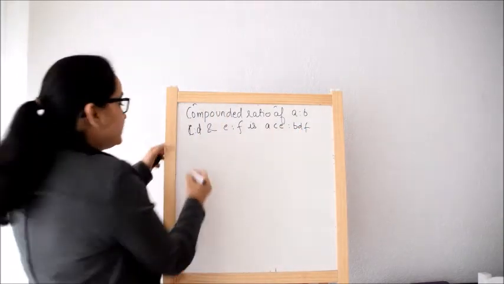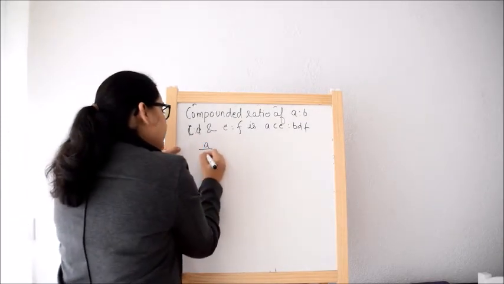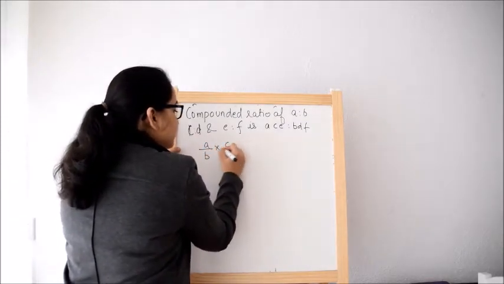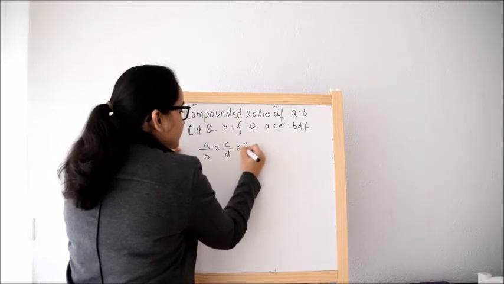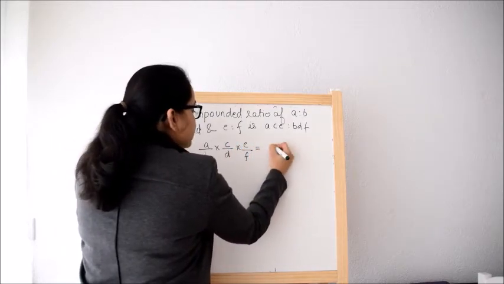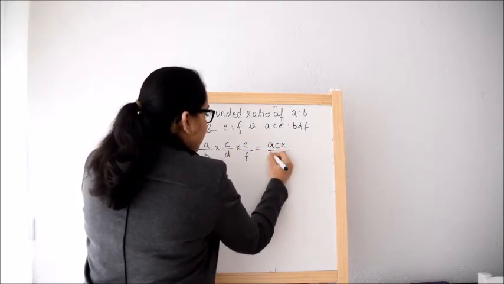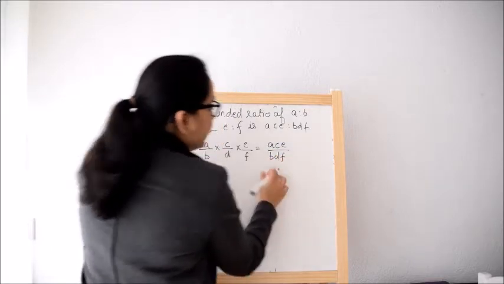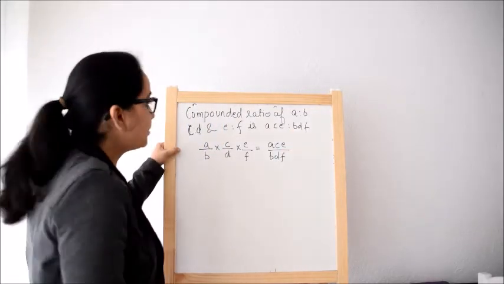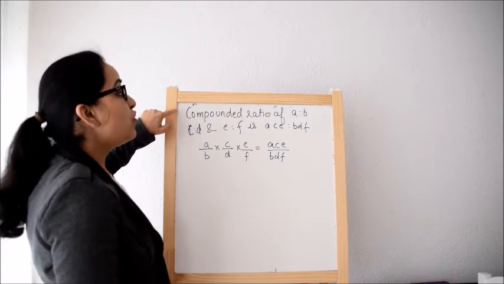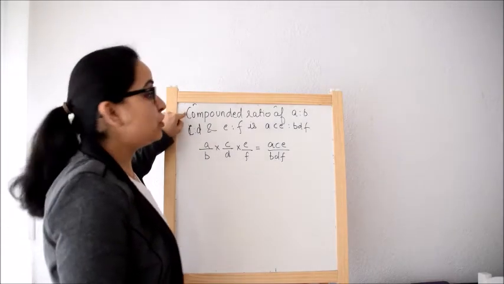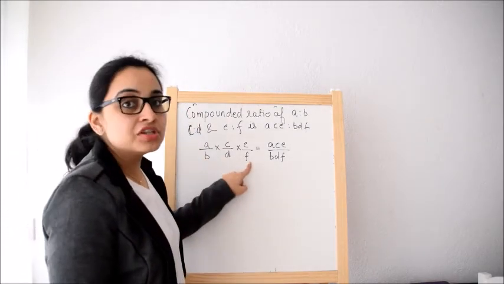Okay, and how we get this? A by B into C by D into E by F, and that is equal to ACE upon BDF. And it is same as this. Okay, so this was the compounded ratio. Whenever you have to find the compounded ratio, you just have to multiply those ratios.